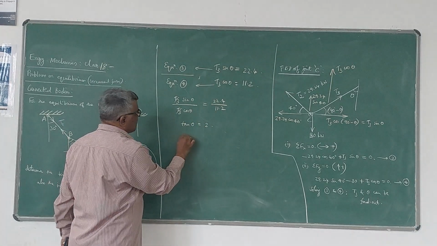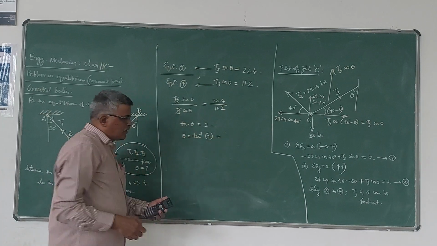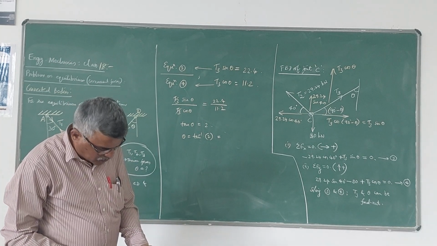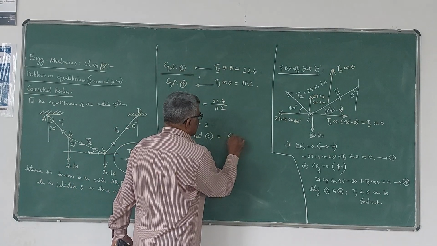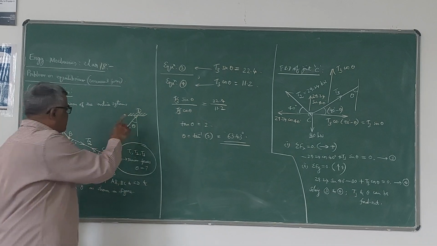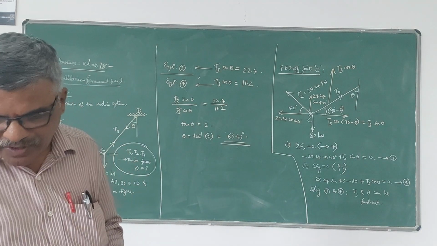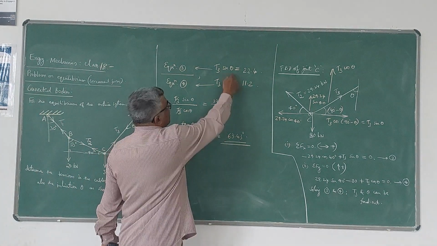So therefore theta is equal to tan inverse of 2, which comes out to be 63.43 degrees. So this is the angle which this cable CD makes with the vertical.